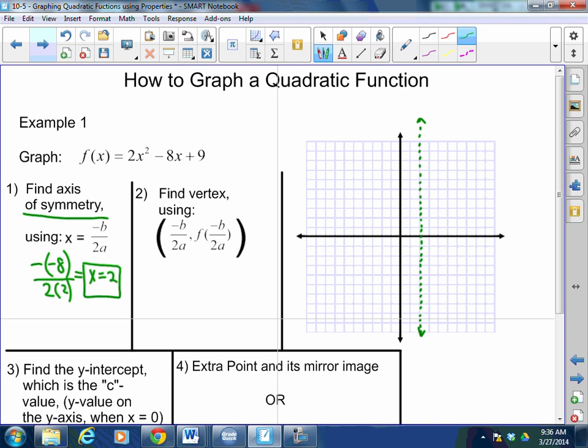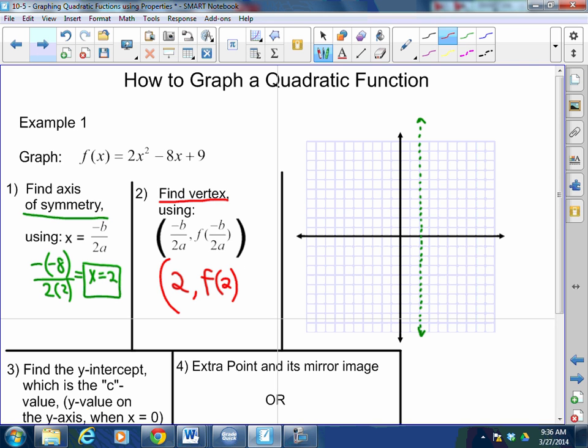I don't want to bore you, but I don't want to go too fast. May I continue? I'll do it in different colors, so it could be really easy to recognize. Step 2, find the vertex using negative b over 2a, comma, f of negative b over 2a. What does this mean? My negative b over 2a I already found was 2, right? So I'm going to find f of 2.